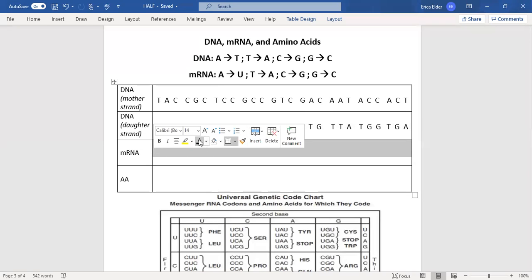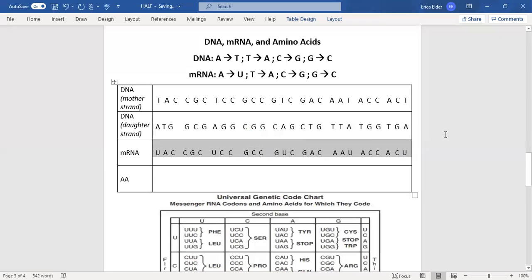All right. So let's take a look and see if you arrived at the same messenger RNA that I did. So looking at the daughter strand above the row that allows me to fill in for my messenger RNA, we're going to have an A paired with a U, T to an A, G to a C. So your first codon is UAC. Your next one's going to be CGC.